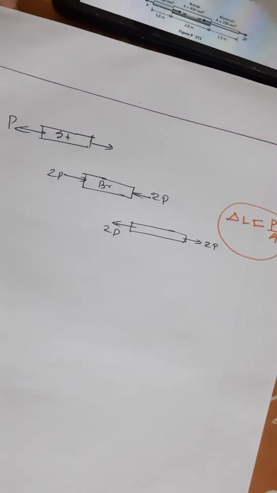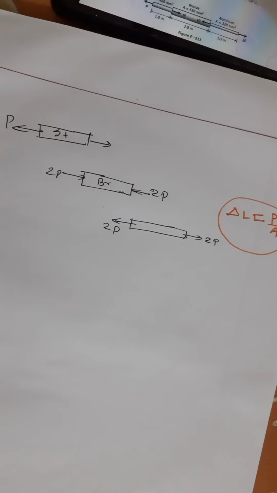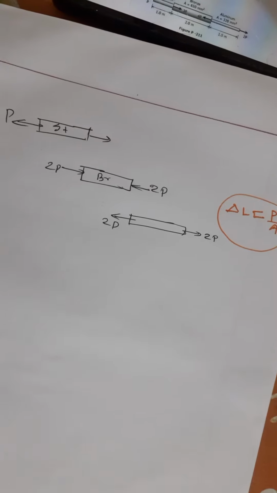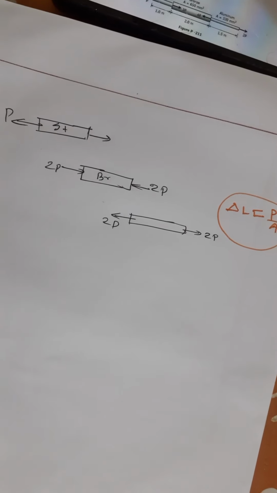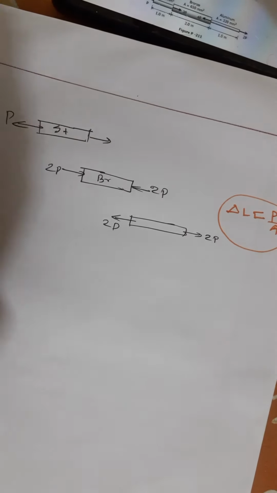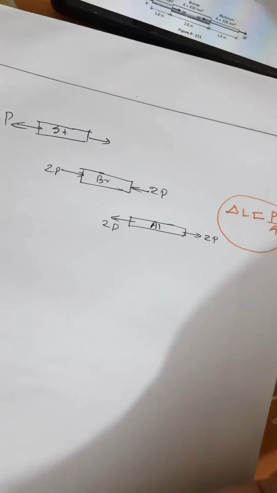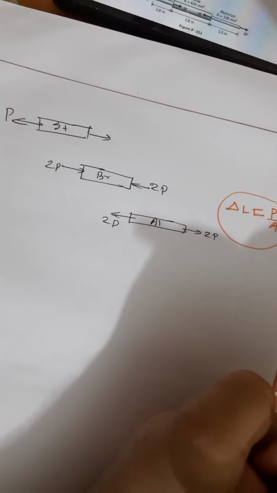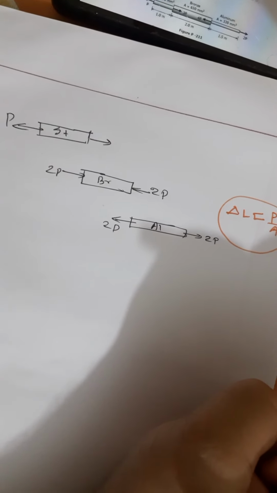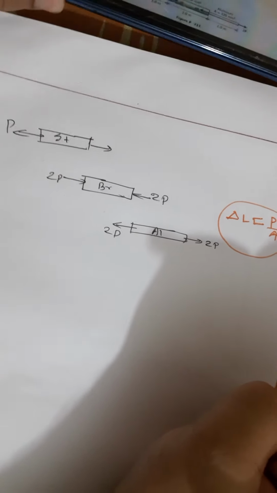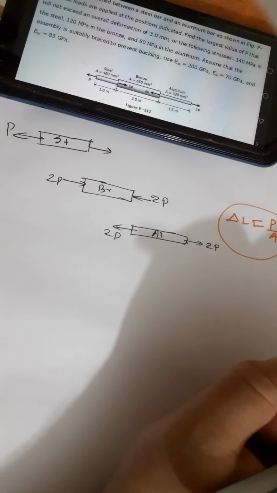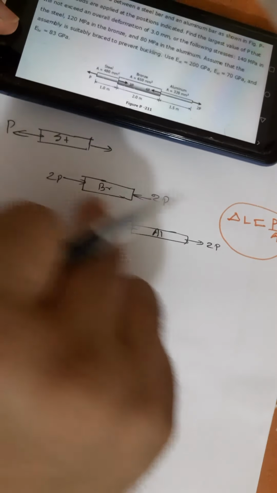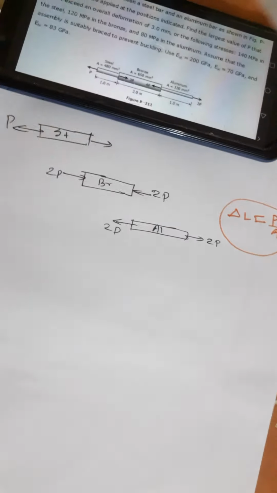We know that for tension the member gets elongated, and for compression the member is shortened. So the steel and aluminum, which are in tension, will be elongated, and the bronze will be shortened. So ultimately, for the resultant, we have to add the elongation of steel and aluminum and subtract the elongation of bronze.